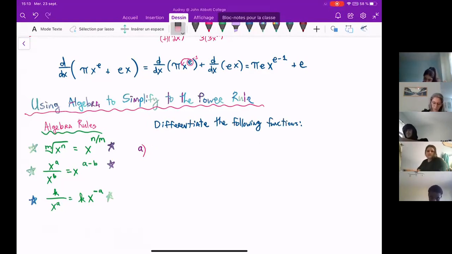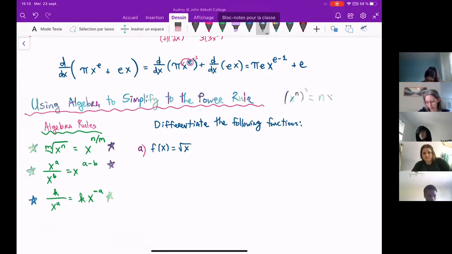Actually, let's do it this way. f of x is equal to the square root of x. I want to differentiate that, which means I want to take the derivative. What we have seen, and I'm going to remind us of it up here, hopefully it's already in your heads, is that if I have x to a power, then I can just pull the power down and subtract 1 from the exponent.